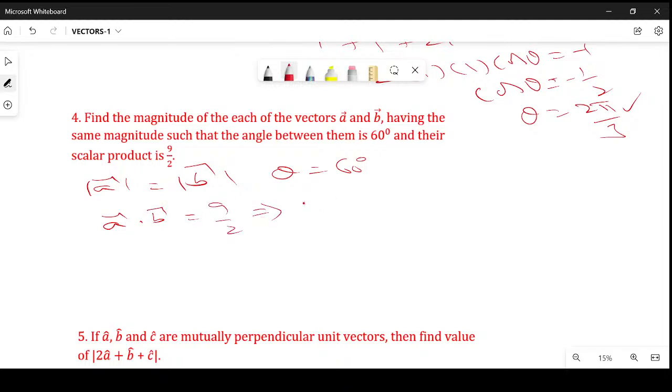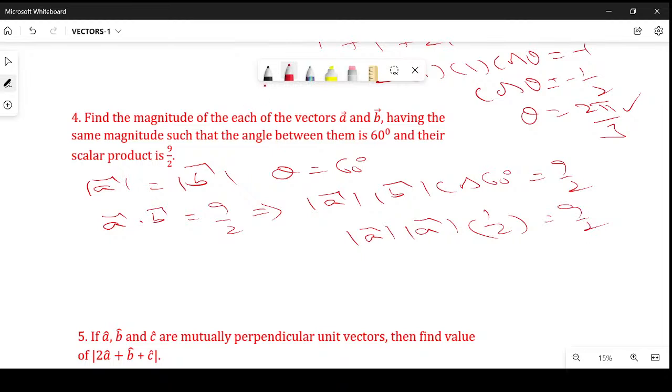Then expand what a bar dot b bar is: mod a bar mod b bar cos 60 degrees equal to 9/2. But we know that mod a bar equal to mod b bar. So I can write mod a bar into mod a bar cos 60, which is 1/2, equal to 9/2. Now you can simplify here. This 2 I can cancel.